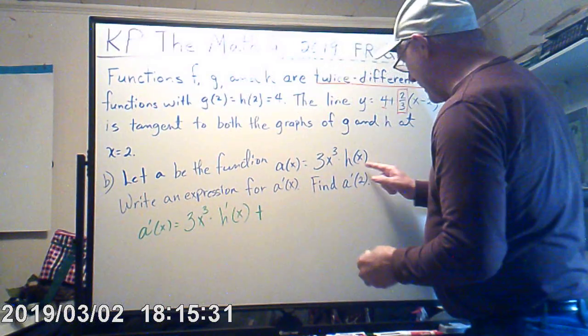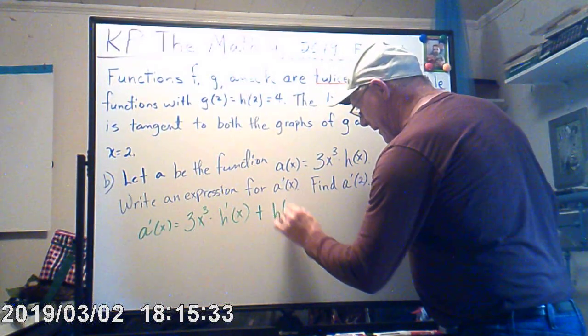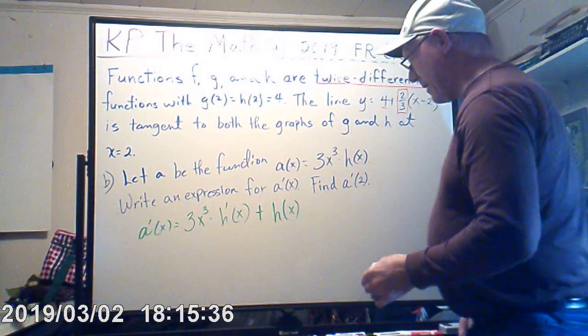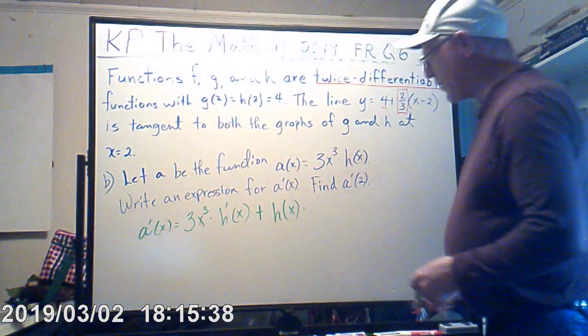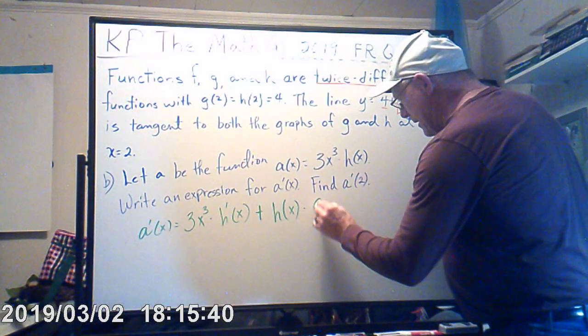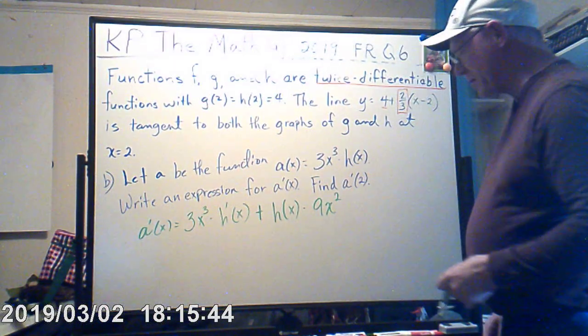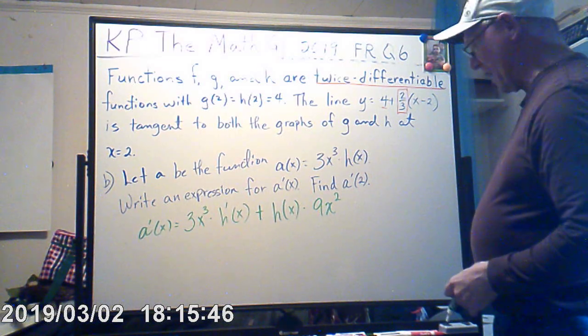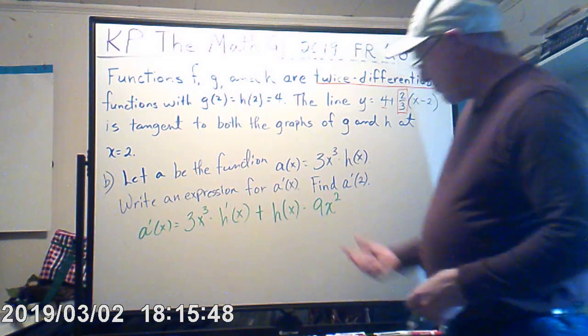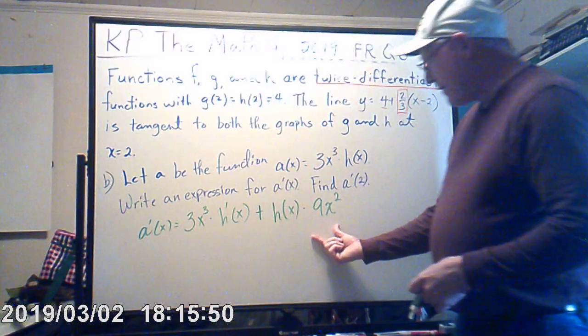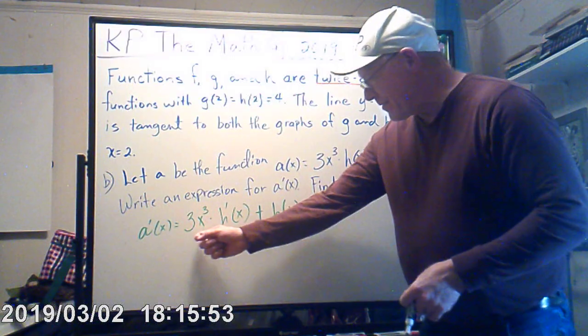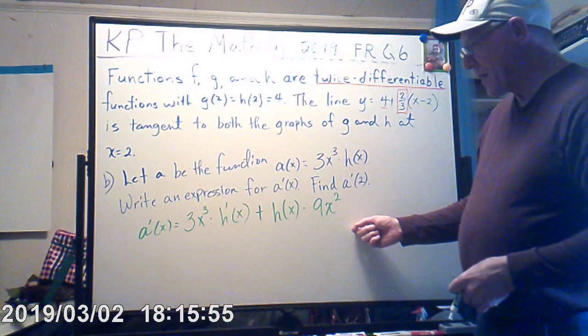So plus the second, which is just plain h at x, times the derivative of the first, which is 9x squared. That's just the power rule, isn't it? So a combination of the power rule here and the product rule here.